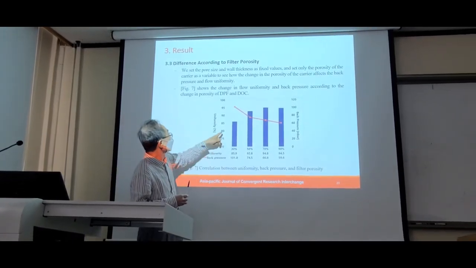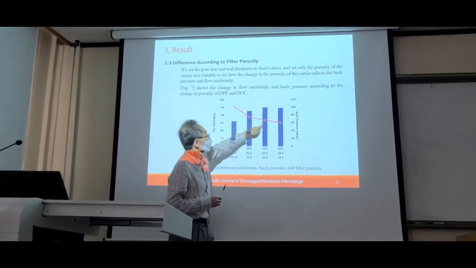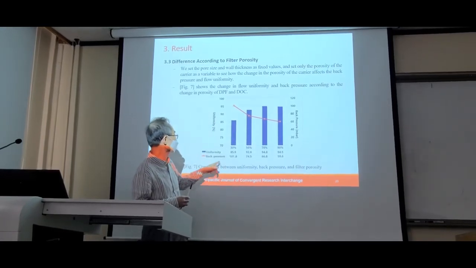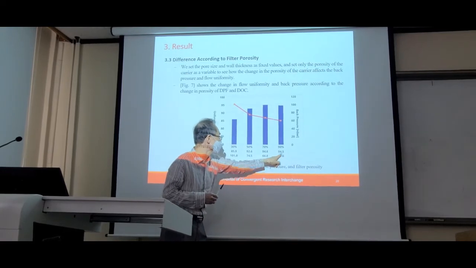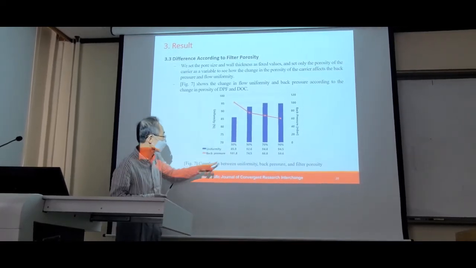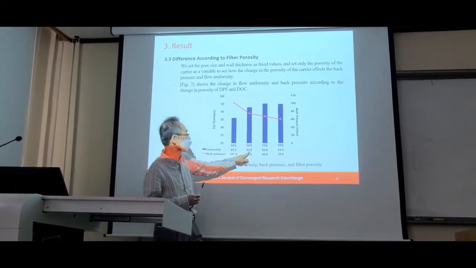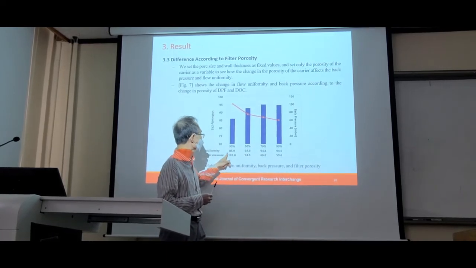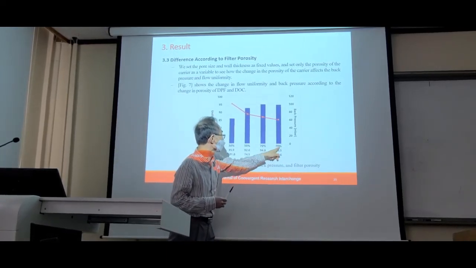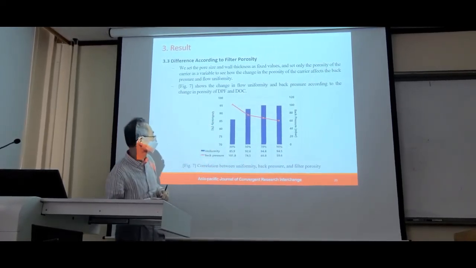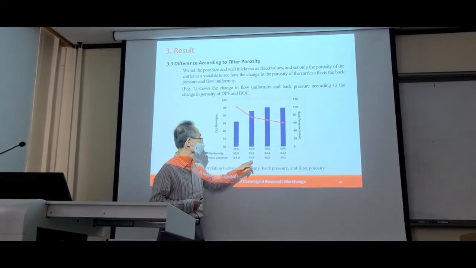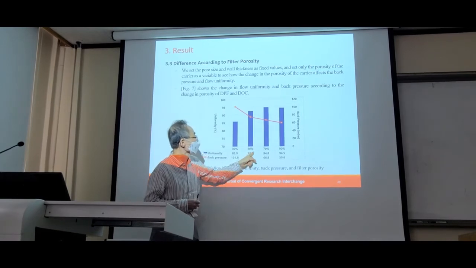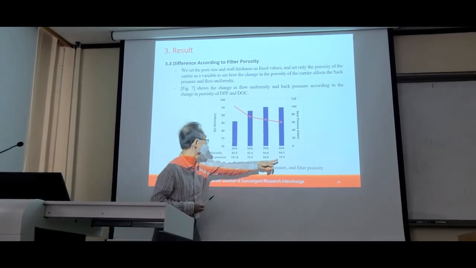And this is back pressure decrease here. Okay, decrease. The low one is good. Okay, this one is very good. This is very bad. Uniformity, which one is good? Uniformity is the higher one. So this one is good. Okay.